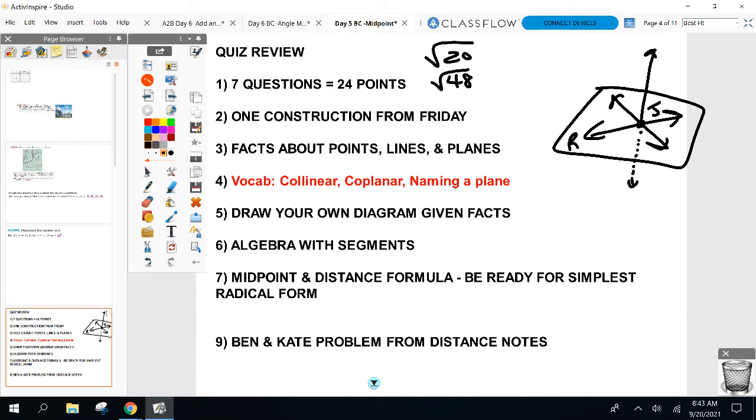It's on there. And if you want a little hint on what one of the questions will be like, go back to that Ben and Kate problem we did where they did a map of their diagram and each unit represented 10 yards. Okay, there's going to be one similar to that on tomorrow's quiz.